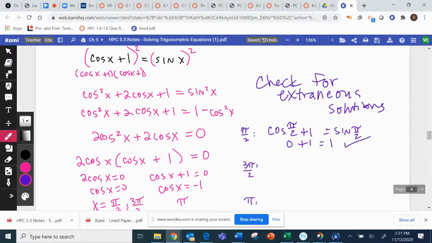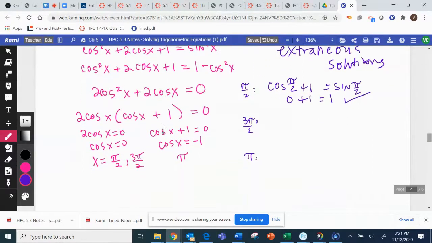That one's good. 3 pi over 2, so cosine 3 pi over 2 plus 1 has to be sine 3 pi over 2. So 0 plus 1 equals negative 1. Not equal. This one doesn't work.